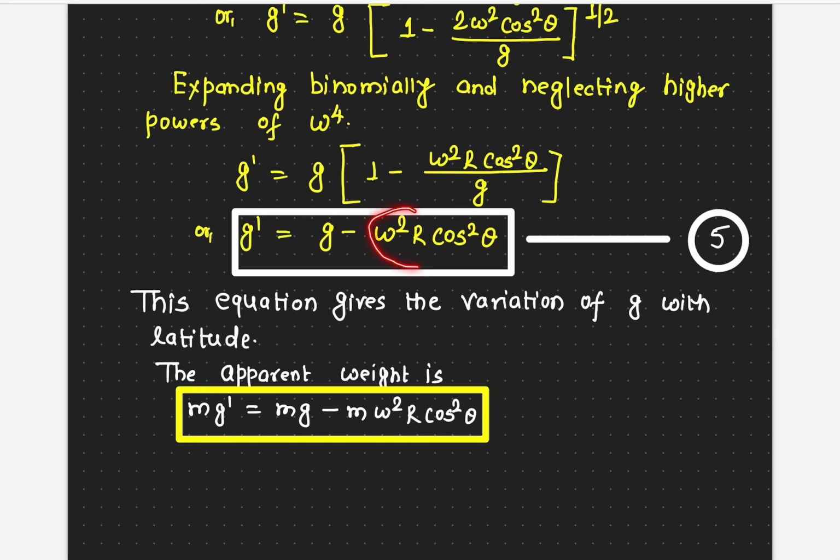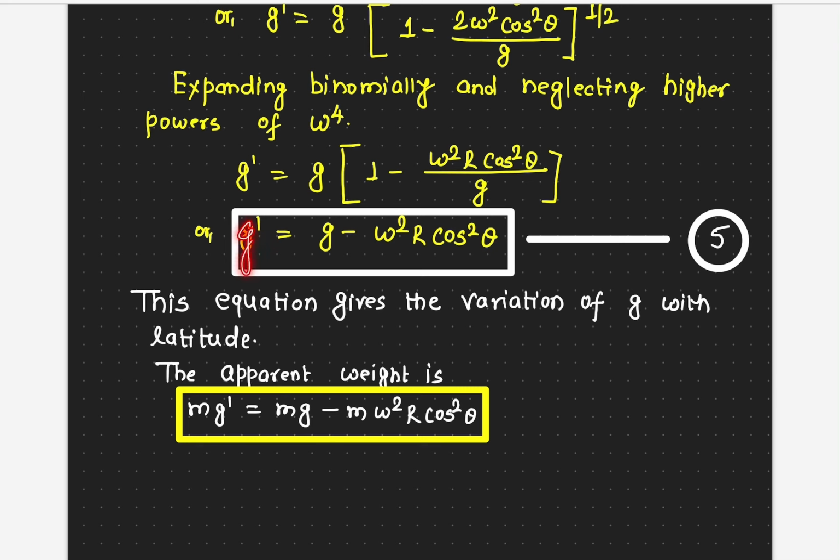And this one is the centrifugal acceleration. And this g prime we call an apparent acceleration. That's how much acceleration appears on the Earth's surface.